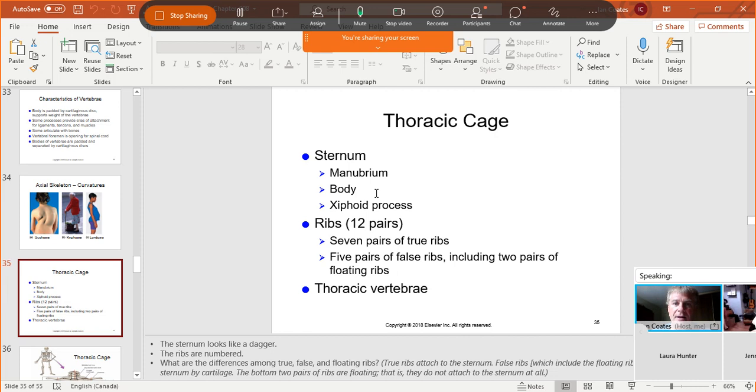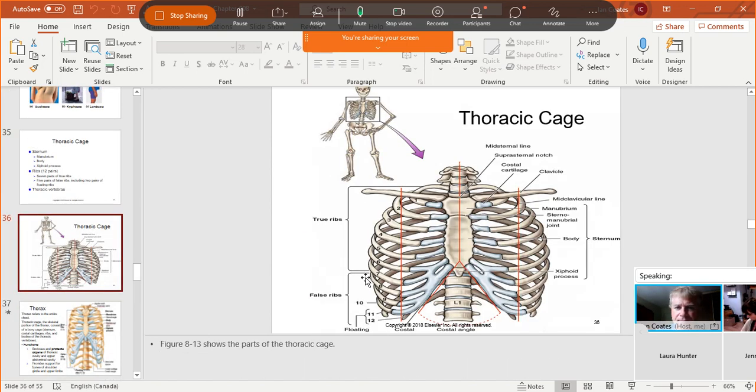But then there are 5 pairs of false ribs, and I'll show you a picture of what these false ribs look like. And there are even 2 pairs of floating ribs that are not attached. They're just floating there. I'll show you pictures of these. What do we got? Let's have a look.